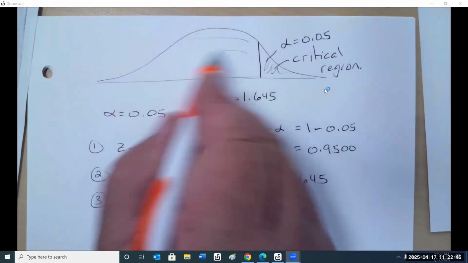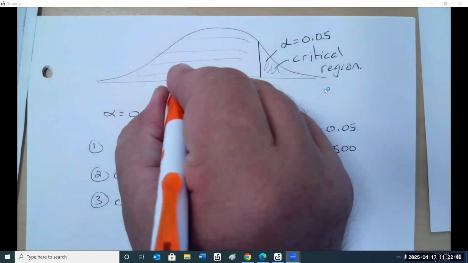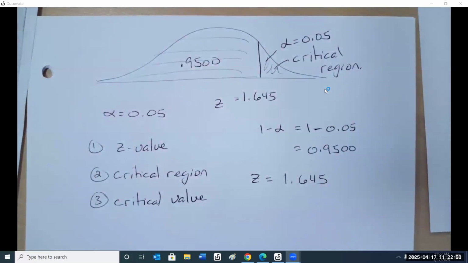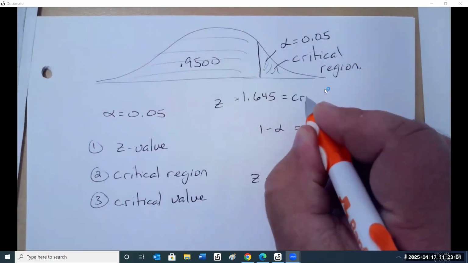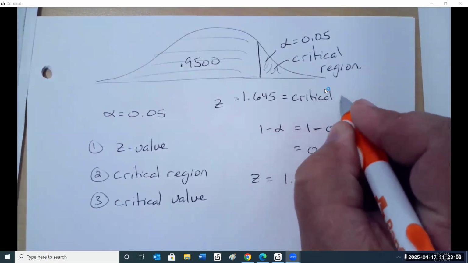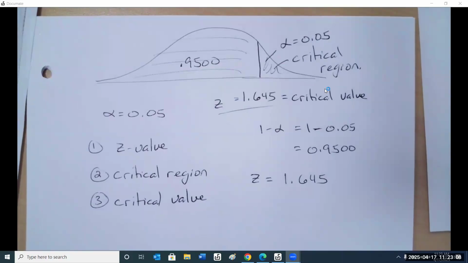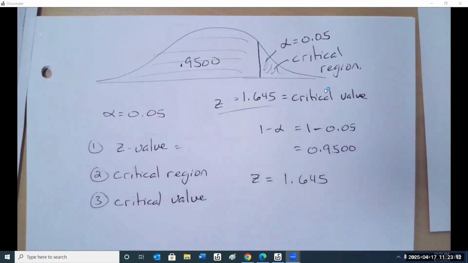So everything else below here, that's where the 0.9500 of the rest of the data that exists. So the critical value is my 1.645. My Z value is also 1.645. They're the same thing.